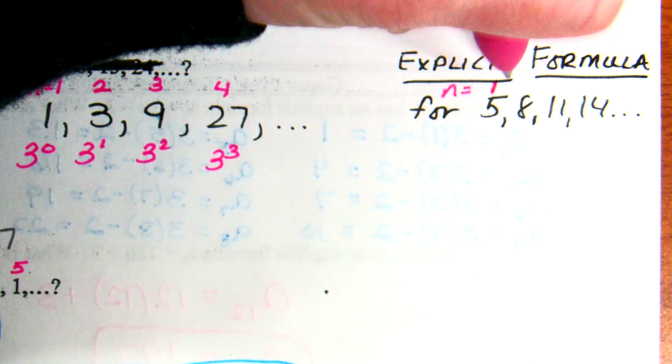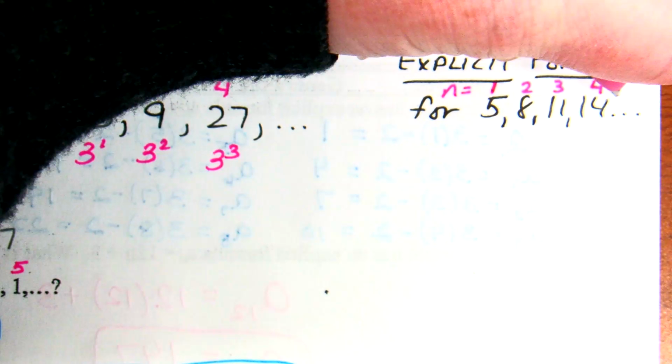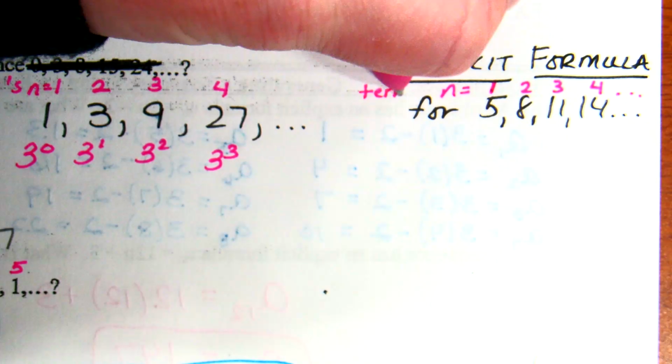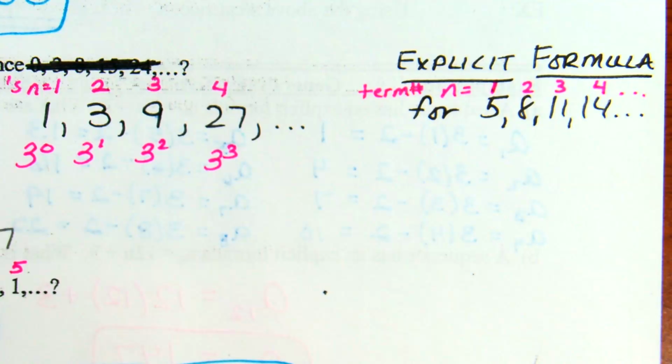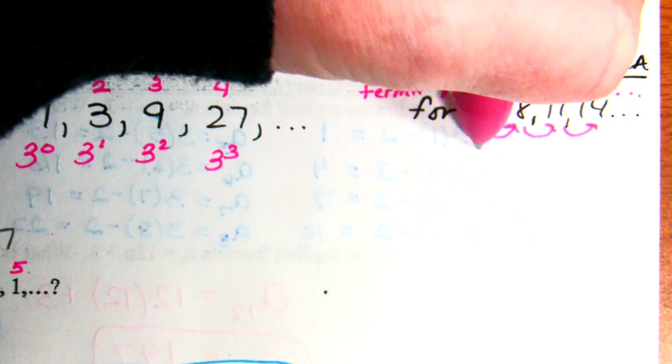Now, this is a situation where I think thinking about your recursive formula actually helps you also. Recursively, what are you always doing to the next number? Say it. Adding 3, yes? Well, that adding 3, if you're always adding 3, that's what we're going to multiply in by.